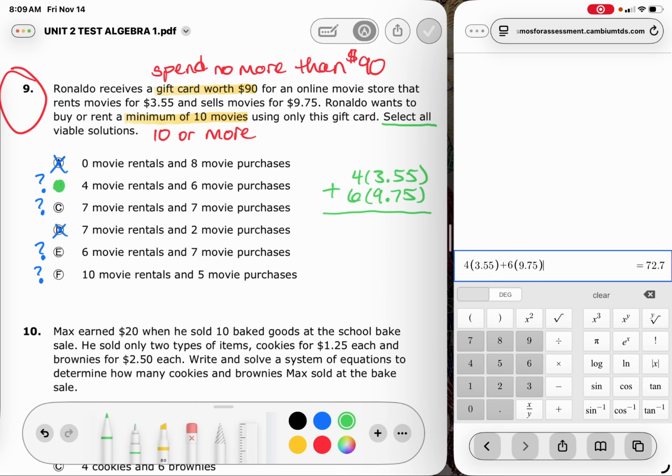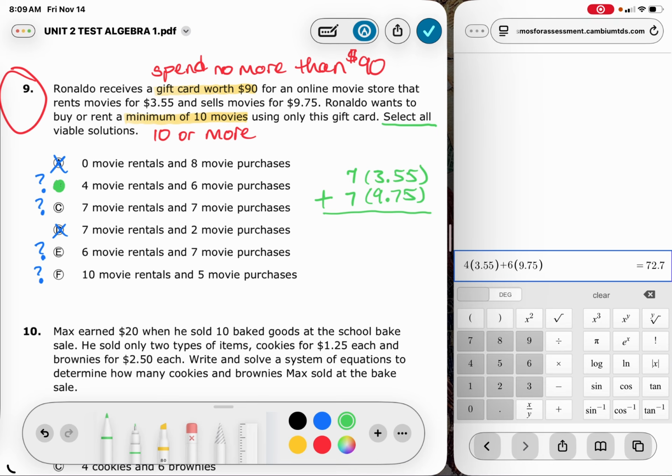Now we're going to do answer choice C. So for answer choice C, I'm just going to change the 4 and the 6 to a 7 and a 7. 7 movie rentals at $3.55 a piece, and 7 movie purchases at $9.75 each.